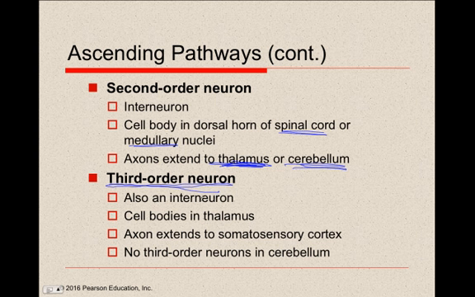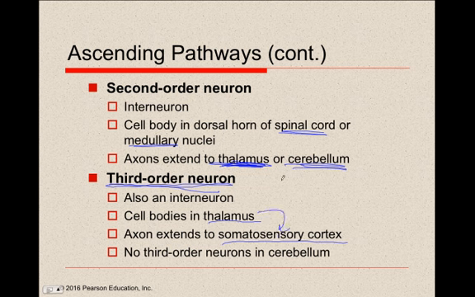So, a neuron from the thalamus of the brain or the cerebellum to another higher region of the brain. So our third order neuron, again, is going from the thalamus on up into the somatosensory cortex. So third order neurons are only going to go from the thalamus to the somatosensory cortex.